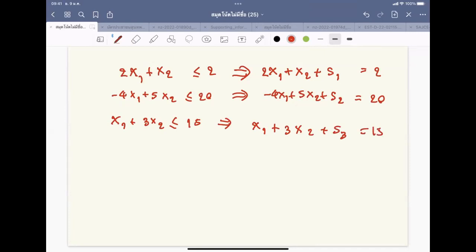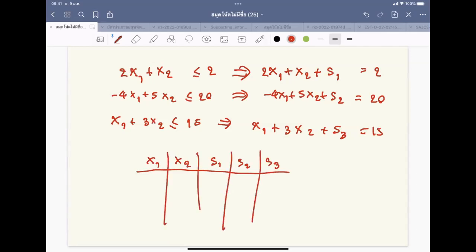So you see here, if we write in the table x1, x2, s1, s2, s3, right? In this table, you see that the coefficient of x1 from the first one is 2, right? And 1, right? And s1 is 1 here. And we don't have s2, s3 in the first expression.